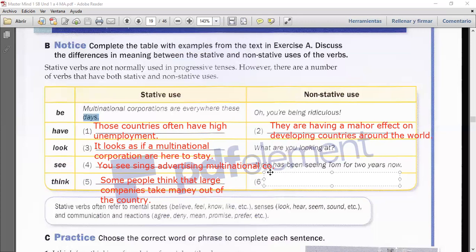Six. Thinking of applying for a job with such a company. Thinking. Yes.